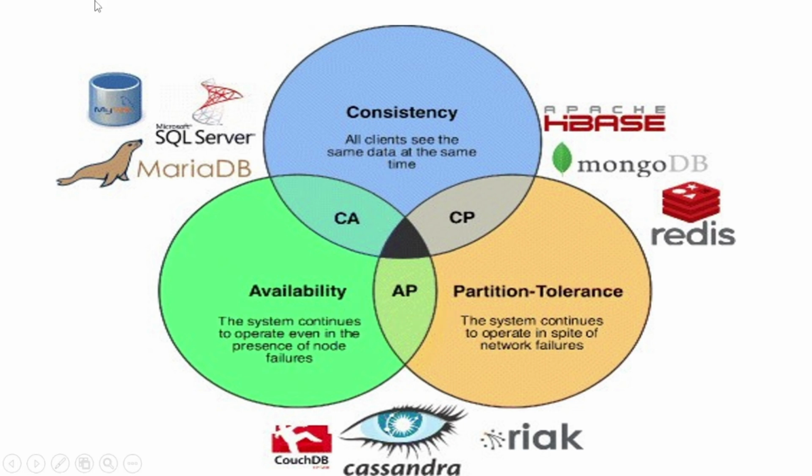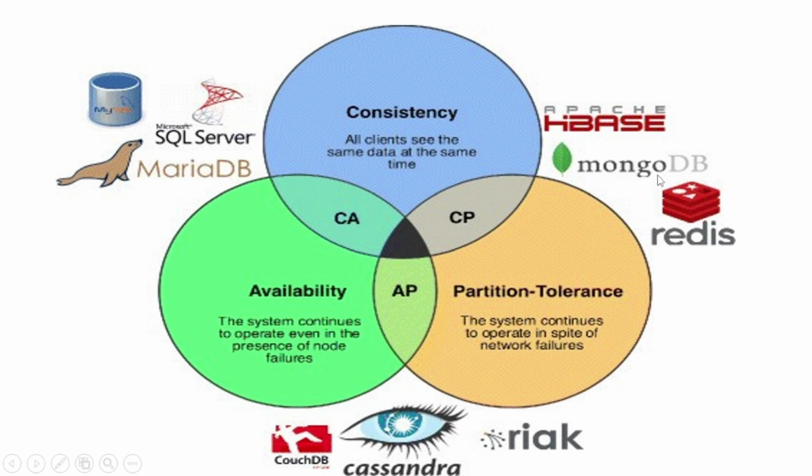The center, as you see over here, is a no-go zone because none of the databases certify on all these three different parameters. So they are either available and consistent, or consistent and partition tolerant, etc. And these databases have been grouped under the bucket they fall under.